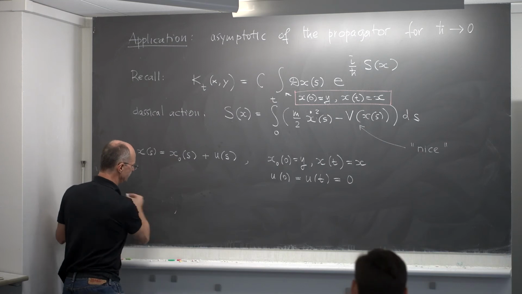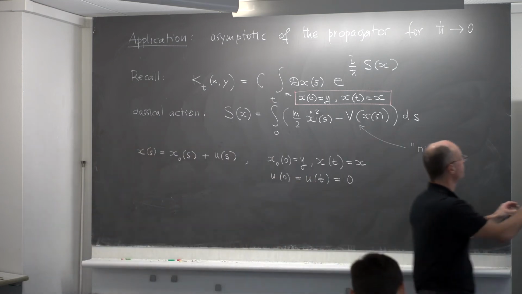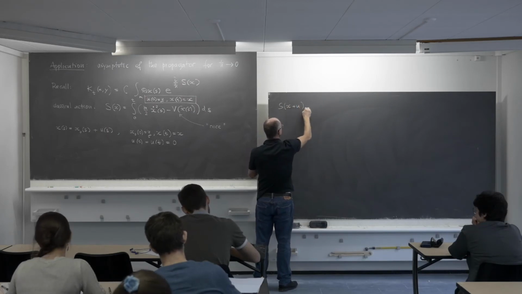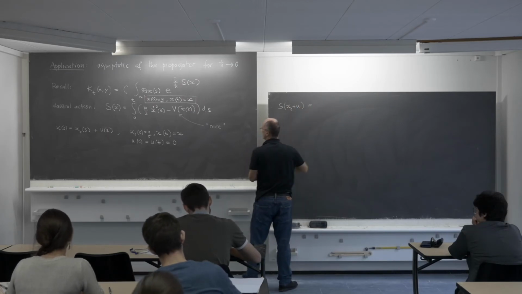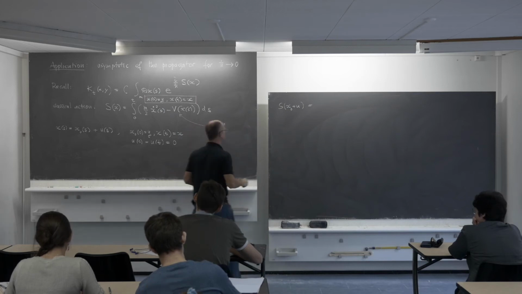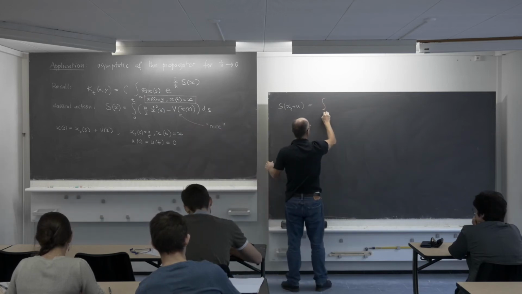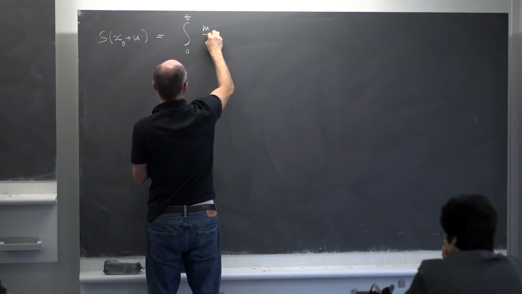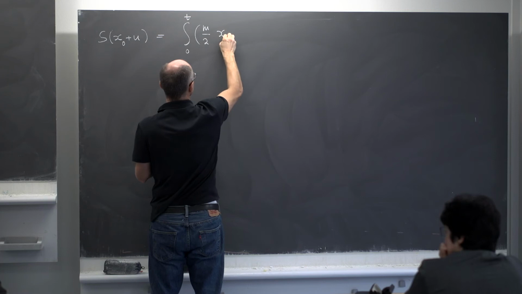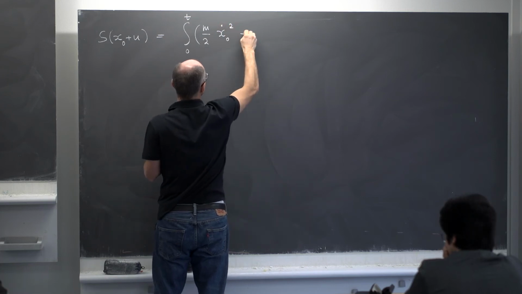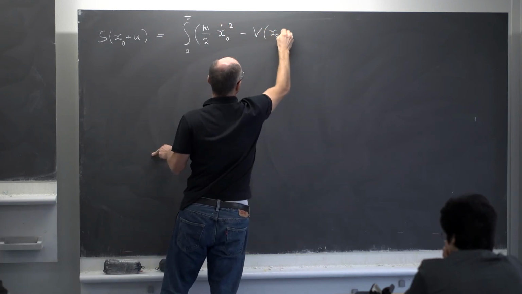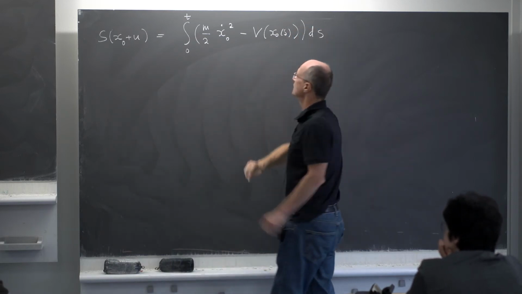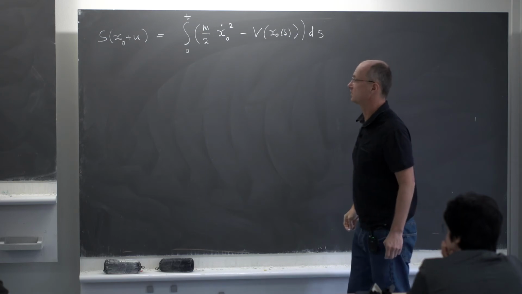Or maybe let me go to the other blackboard. So what do we get? Let's group the terms in the following way. I start with a term where I simply pick the terms which only contain x naught and which do not contain u.